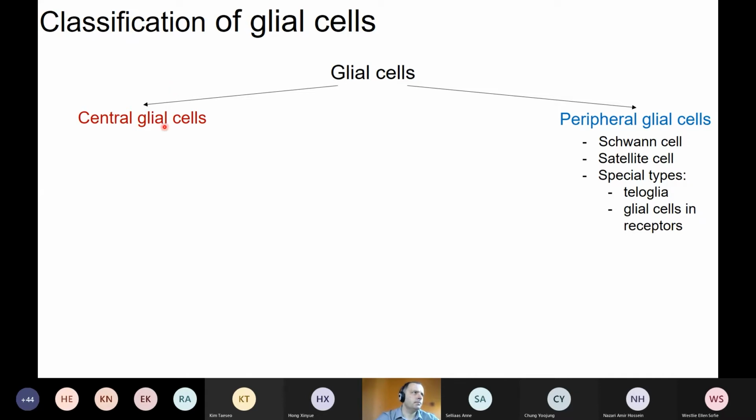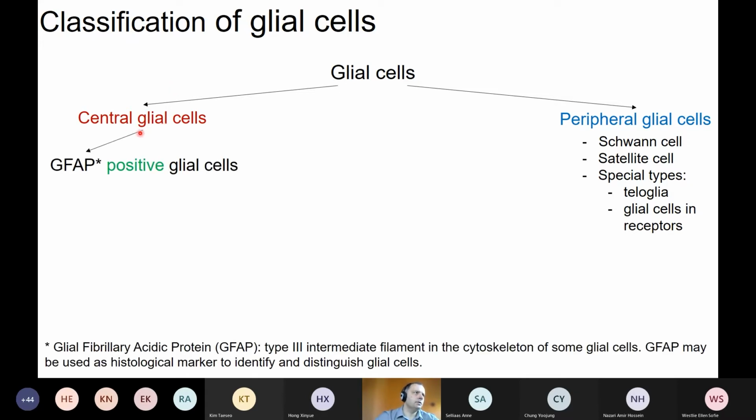If I want to discuss the central glial cells, nowadays people follow the classification according to whether these cells contain a specific protein called GFAP. It is the abbreviation of glial fibrillary acidic protein, which is a type 3 intermediate filament that is involved in the cytoskeleton of the glial cells.